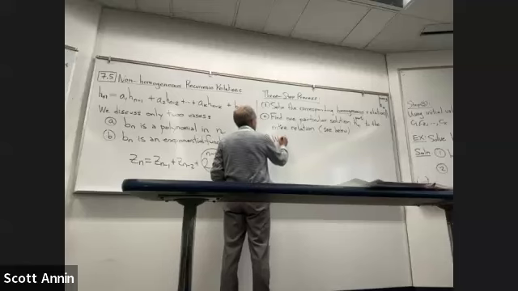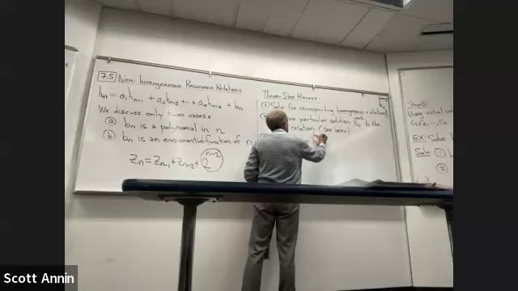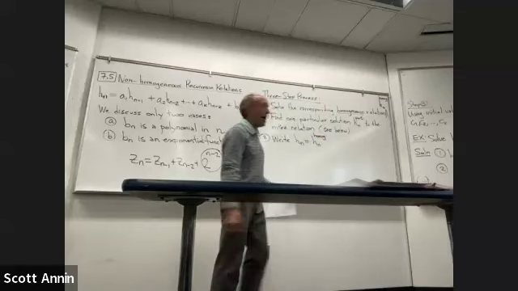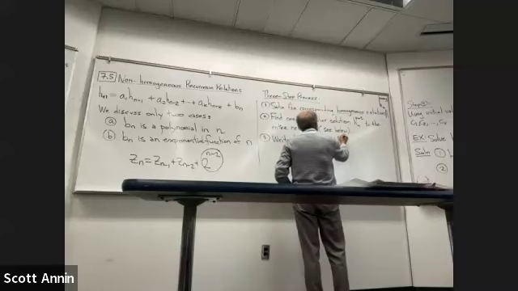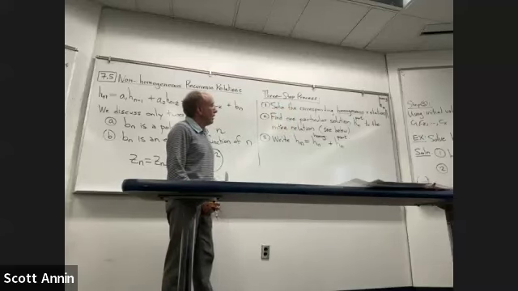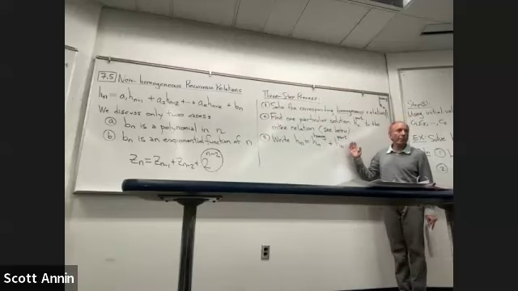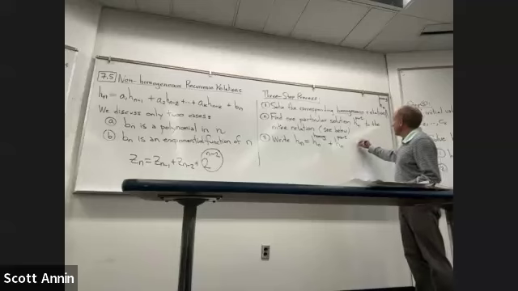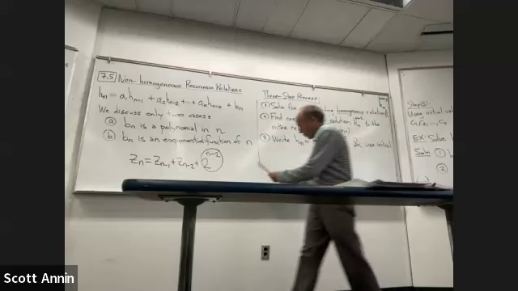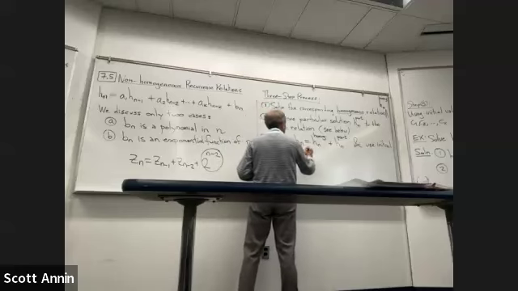So we write h sub n to be h sub n of the homogeneous part added to h sub n of the particular part. As you're going to see, the particular part is going to have some more constants in it that you need to solve for. So use the initial values again to solve for the constants.